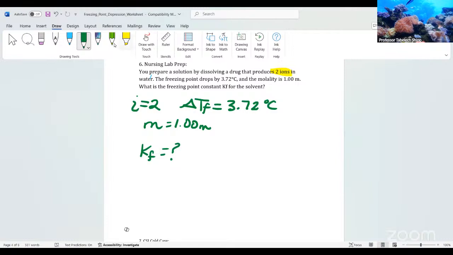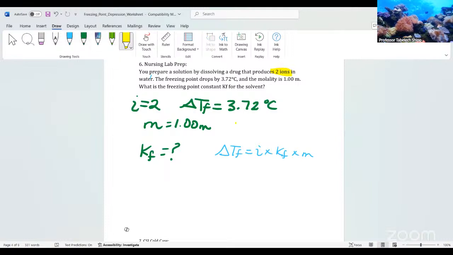So if we go back to our formula again, which was delta Tf is equal to i times Kf times m. You can write this several different ways. I may have put the m first the last time. Doesn't matter. It's still the same formula, just rearranged a different way.